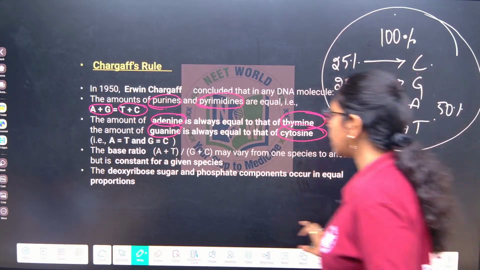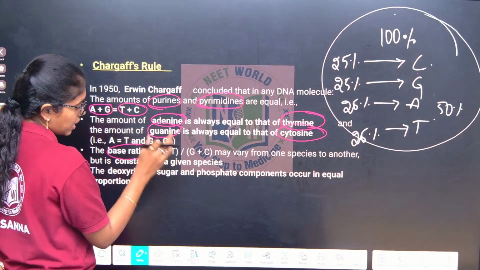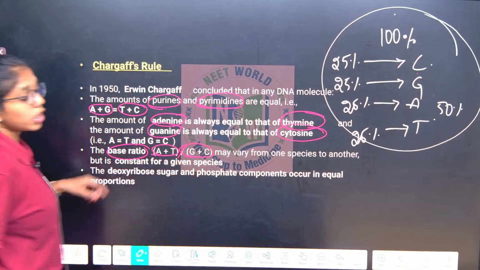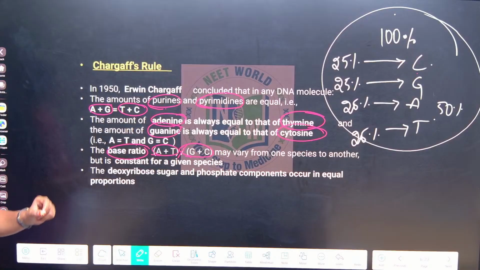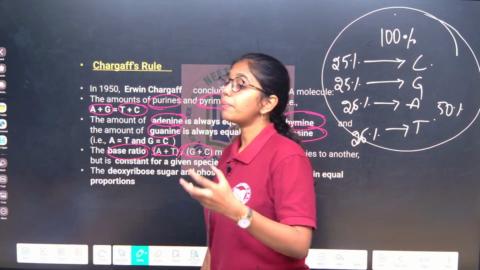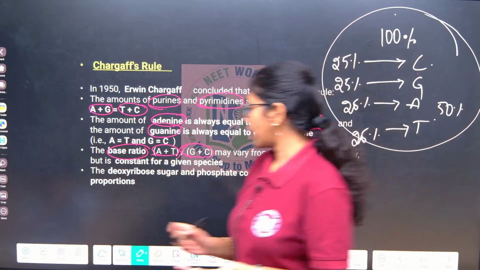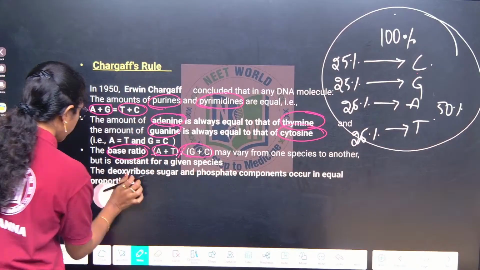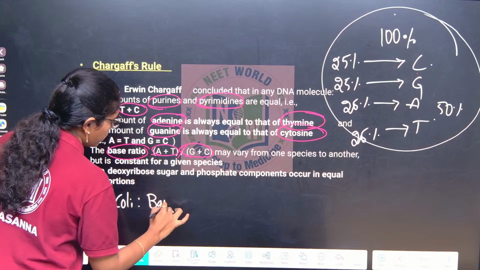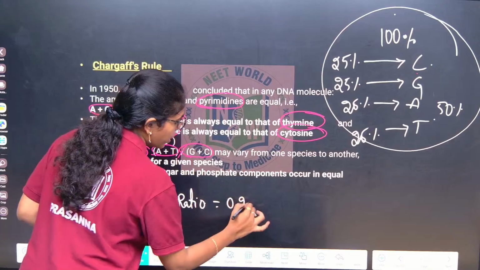Okay? And then the base ratio is the ratio of adenine plus thymine by guanine plus cytosine. This will vary for each species. For example, if you take Escherichia coli, E. coli, those are prokaryotic cells. Their base ratio will be less than 1, that is around 0.9.